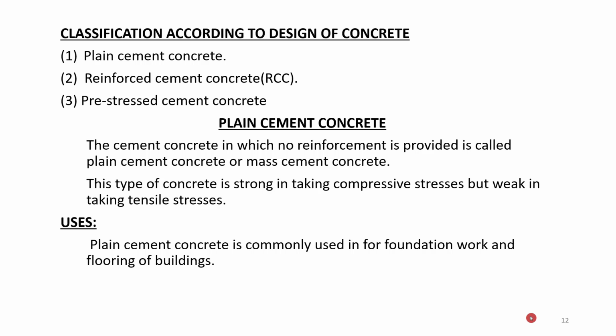From the title itself it is familiar that plain cement concrete is a concrete which doesn't have steel; it is just a mix of sand, cement, coarse aggregate or metal, and water. Reinforced cement concrete has steel or any reinforcing fiber, because plain cement concrete is very weak in tension, even though it is strong in compression.